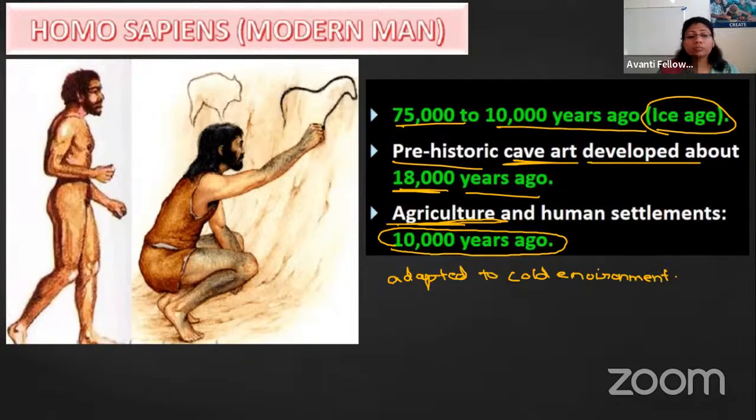So these are the points belonging to each species, or we can say each stage of human evolution, right? As we have done 6 to 7 stages of human evolution. The first one was, who will tell?